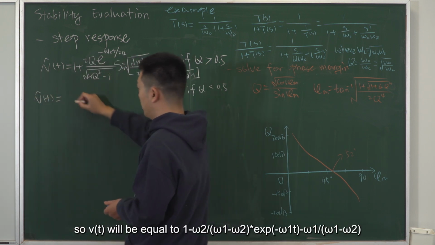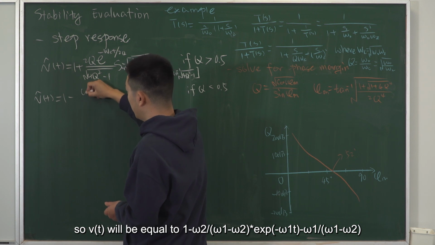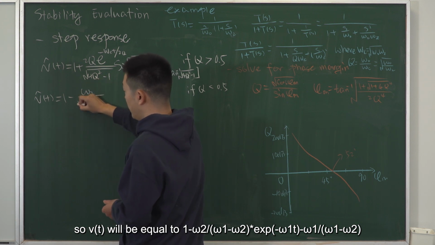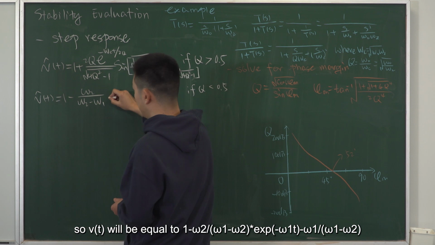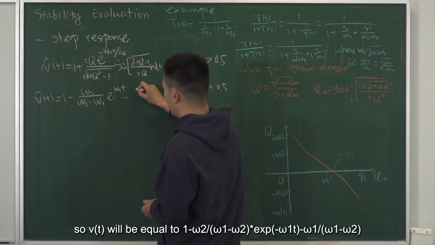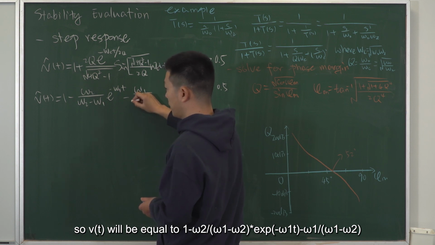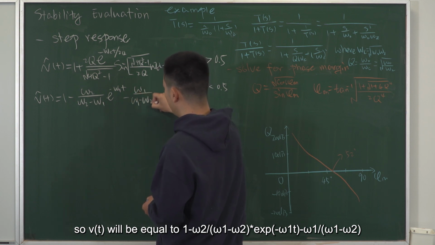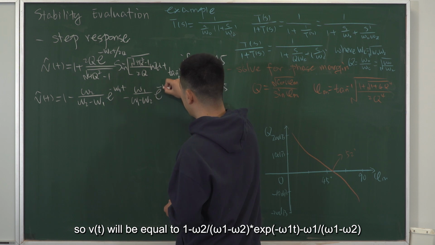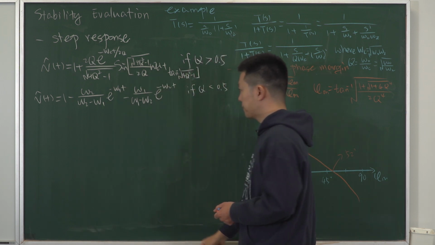So real poles will also have their time domain response for a step change. So V(t) will be equal to 1 minus omega 2 divided by omega 2 minus omega 1 times exponential minus omega 1 t, minus omega 1 over omega 1 minus omega 2 times e to the minus omega 2 t. Okay.